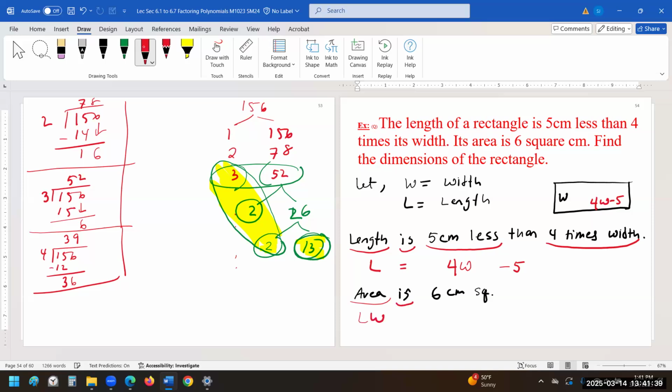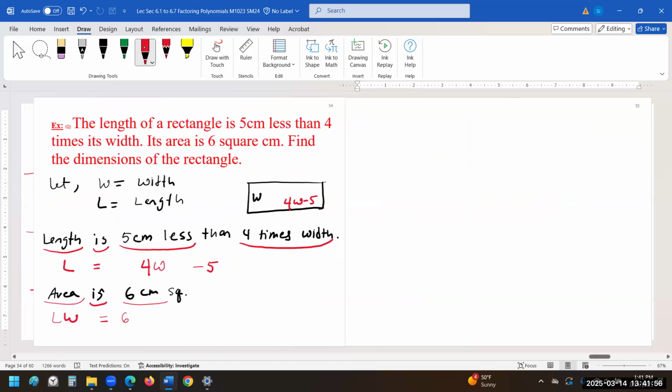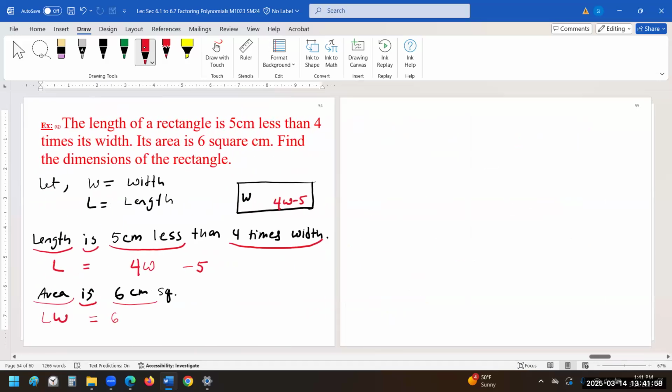What is equal? And 6 is 6. Right? So area is 6 means length times width equals 6. So let's start from here. Length times width is 6.